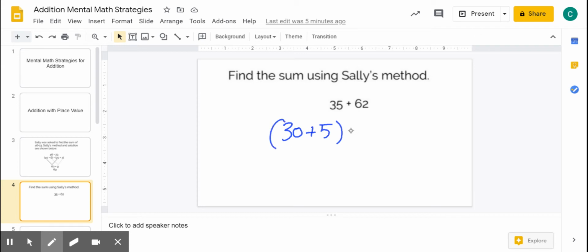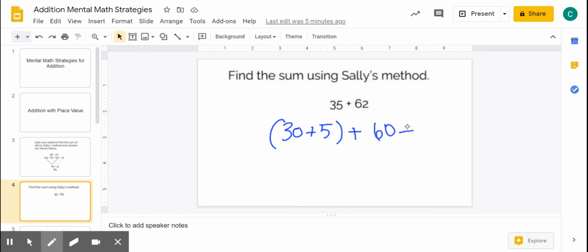Next, I'm going to put a plus sign to show me that I am going to add the second addend. Now I need to put 62 in expanded form. The value of 6 tens is 60. The value of 2 ones is 2.